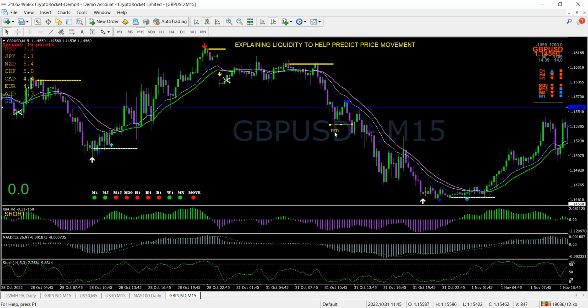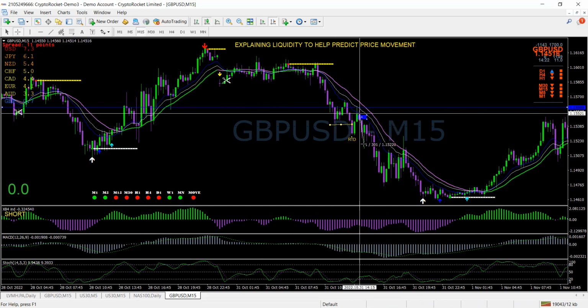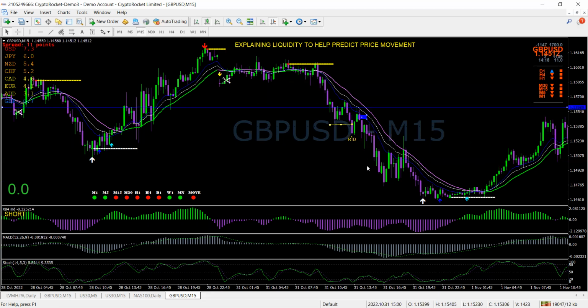And now we have another RTD below here because there are stop losses here from these buyers. The banks will enter their trade above the RTD, maybe on this bearish candle, and then notice what the banks do. They trade toward it, all right? And it just keeps happening over and over again.